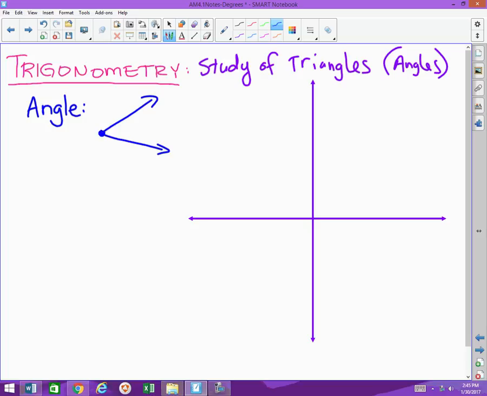This point right here is called the vertex. And this is a side, and that is a side. Well, for the purpose of this class, we need to put them in standard position.